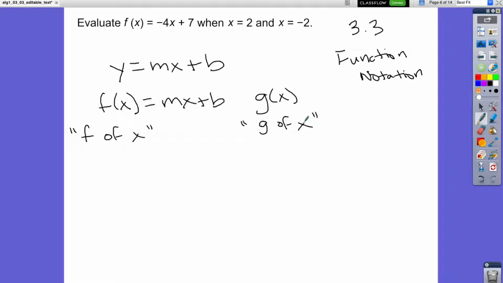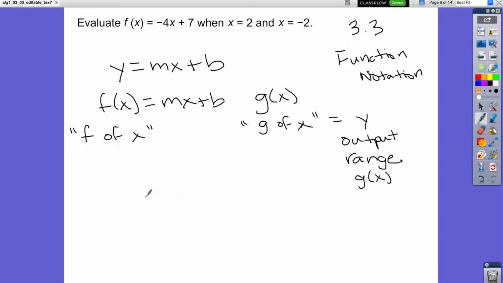And I need you to remember that that is exactly the same as y. Now, knowing that it's exactly the same as y means that it is also the output. It is also the range. All of these are the same. So you can see all the different names.